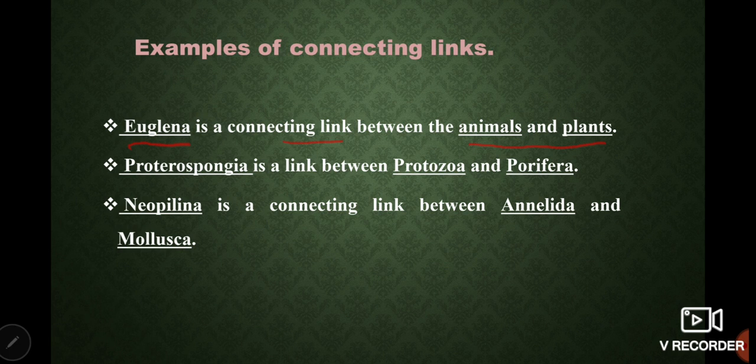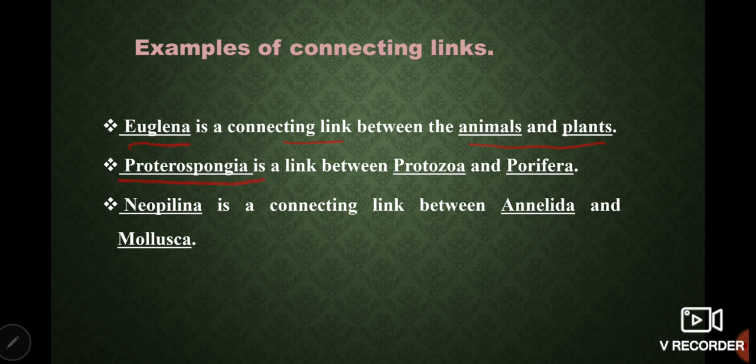And at the same time, it has animal characters also, like it has a pellicle, it has contractile vacuoles, and it stores food in the form of glycogen. All these characters are of animals, so we call it a connecting link between plants and animals. Now after that, we have the second example, that is Protospongia.